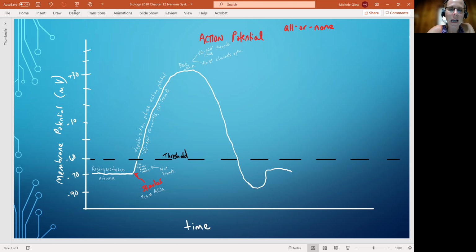So what we see happening in the drop down on our graph as we're heading towards resting, this is due to the voltage gated potassium channels being open. So this is team potassium. This is our repolarization of the action potential.